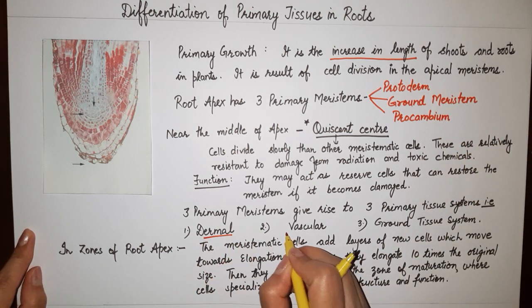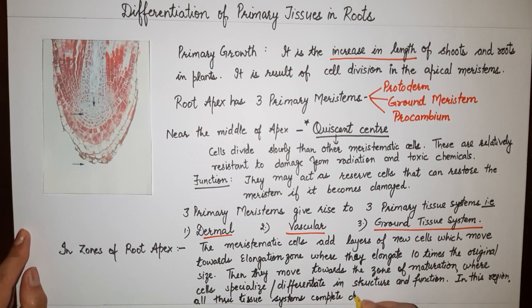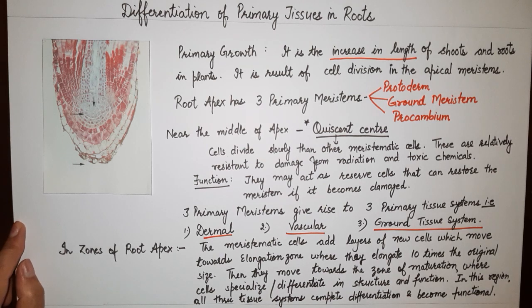It means from these 3 meristems, these three tissue systems are going to develop in the zone of maturation. So in this region all three tissue systems complete differentiation and become functional. The system that has to form the outermost layer, epidermis, will start functioning accordingly.